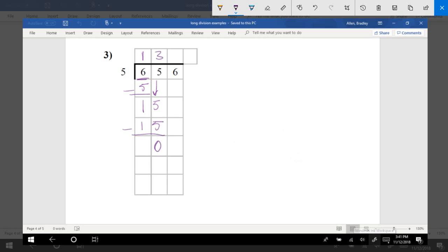What's my next step? Bring down the 6. 5 goes into 6. How many times? Once. And that 1 time, so what is 5 once, right? It would be 5. 6 minus 5 is 1. So what is that 1? It's a remainder.